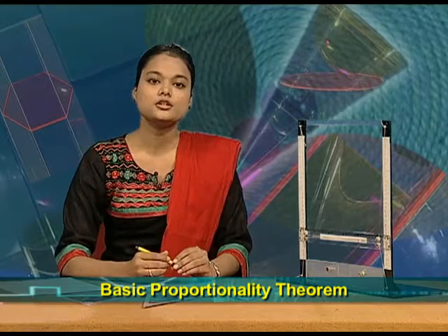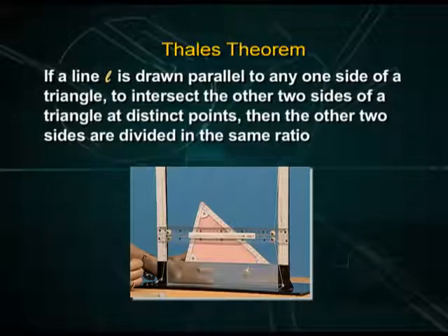The basic proportionality theorem states that if a line L is parallel to any one side of a triangle and intersects the other two sides of the triangle at distinct points, then the other two sides are divided in the same ratio.